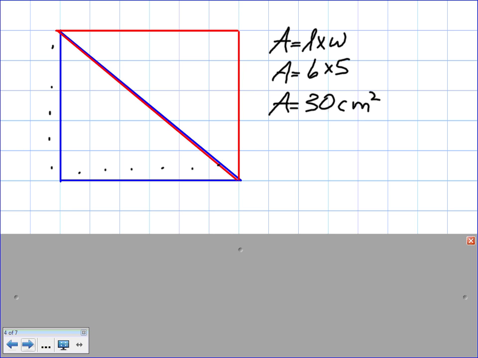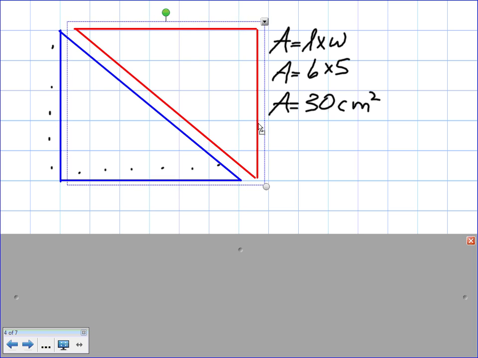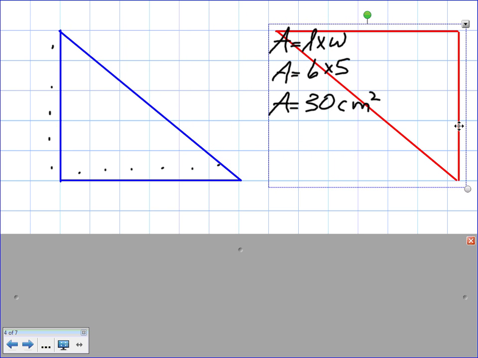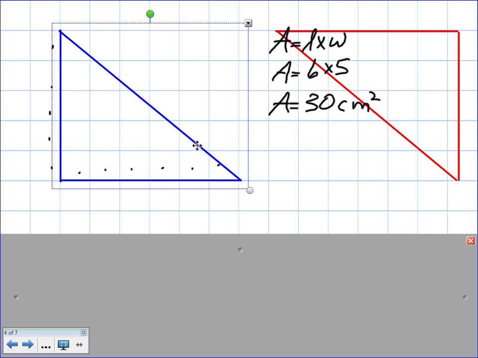To get back to triangles, if I take my rectangle, these triangles happen to be mirror images of one another. I'm just going to slide the red one out of the way here and push it off to the side for a minute. What I've done is cut my rectangle in half.